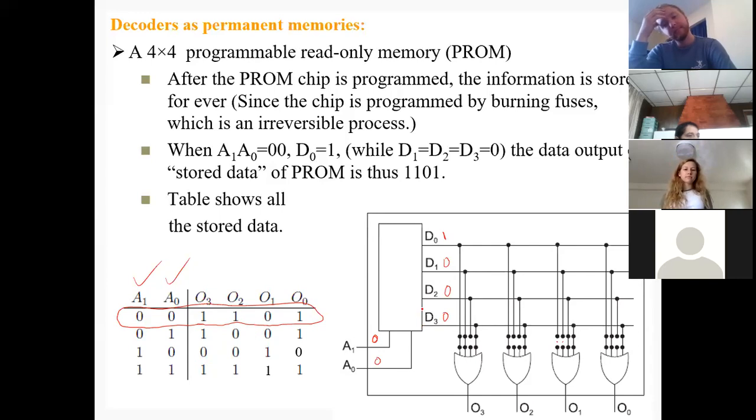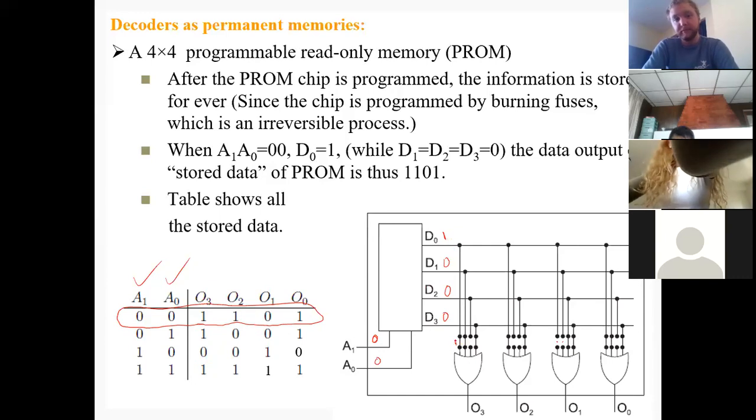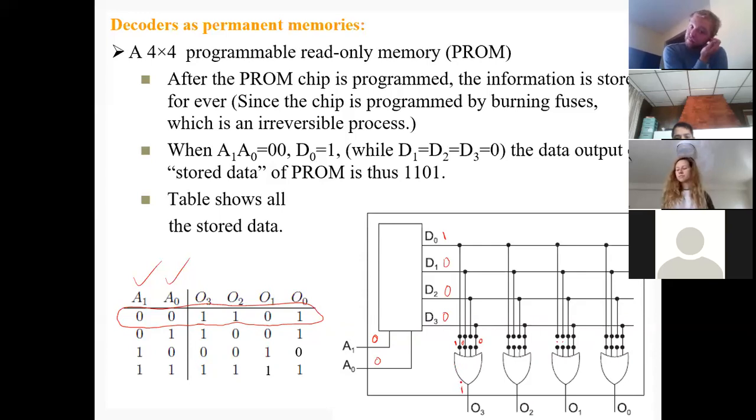This is just a decoder. Now when this is 1, this guy is 1, right? This guy is 0. This guy is 0. Then what do you get? 1, 0, 0. OR gate, you get 1. Now what is this guy? 1.